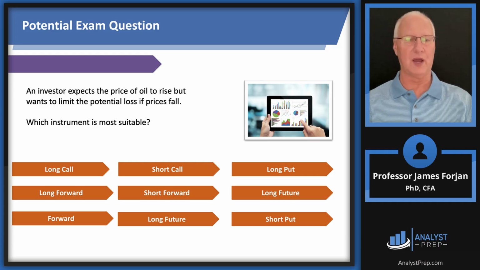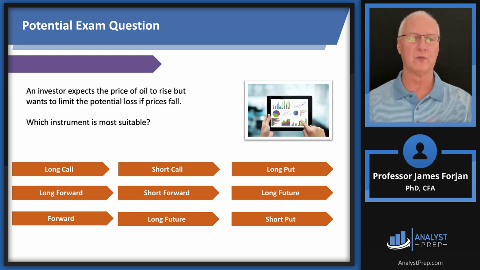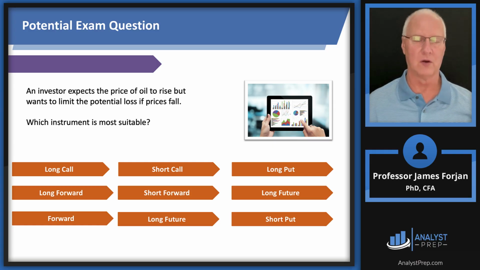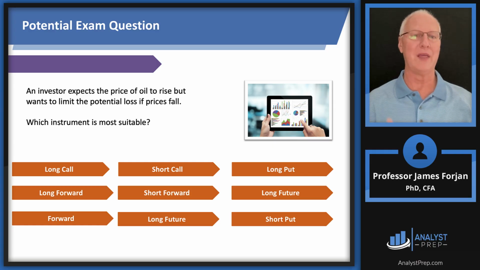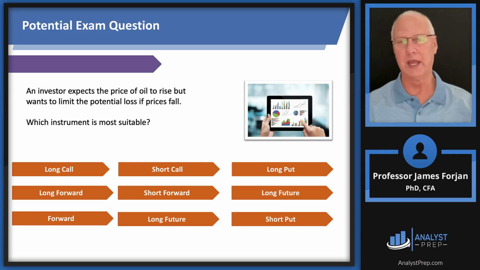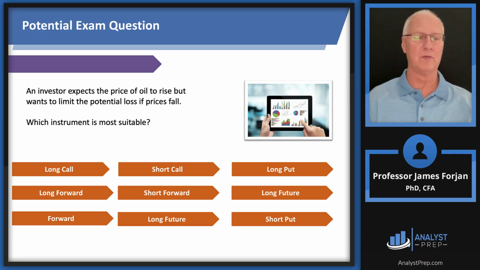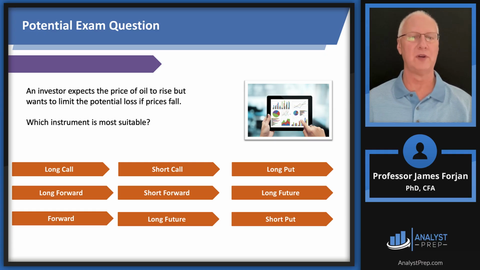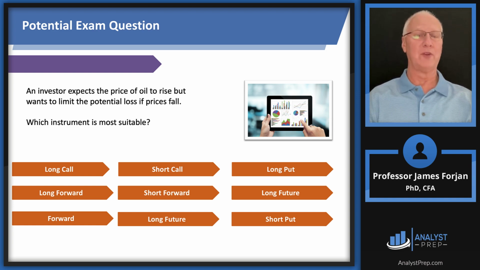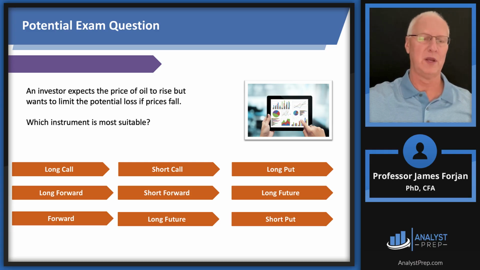All we need to do is decide, what do we want to do with an option? And it's the first one there. We want to take a long position. We want to buy the call option, because if we have the right but not the obligation to buy a barrel of oil at, let's just pick a number, say $100 a barrel, and the price of oil goes to 200 or 400 or 800, my gosh, we're going to win tons and tons of money.